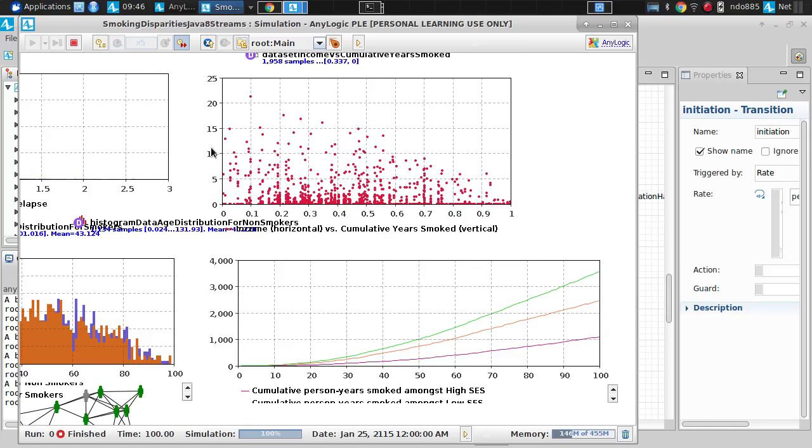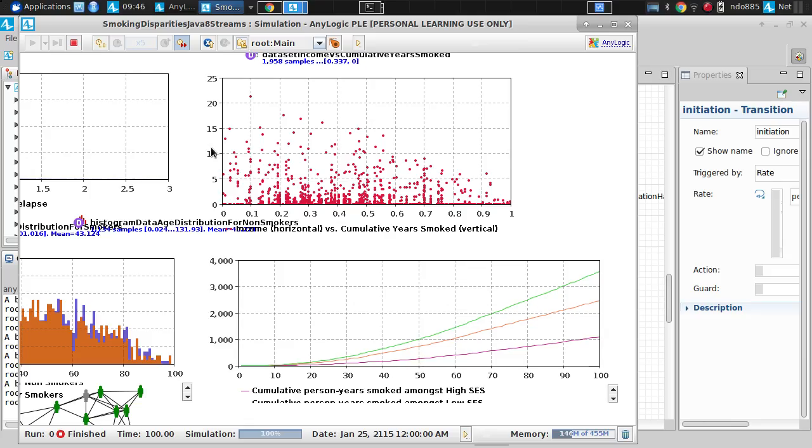And what you'll see here is that individuals across the SES spectrum, from 0 to 1, it's a normalized scale, do smoke across that spectrum, but there's a somewhat greater concentration of smoking in the lower sides of the SES spectrum for this model, and you'll see a general decline as the SES level goes up and the propensity to smoke.